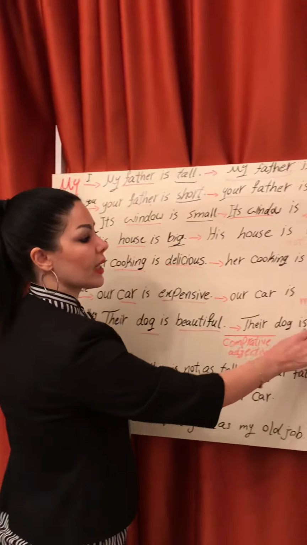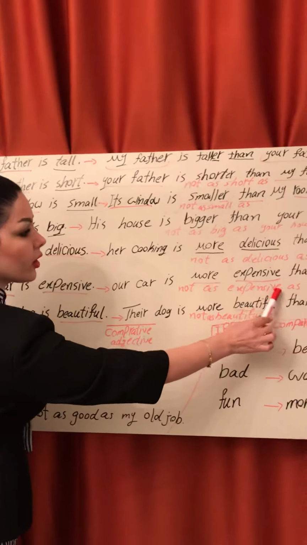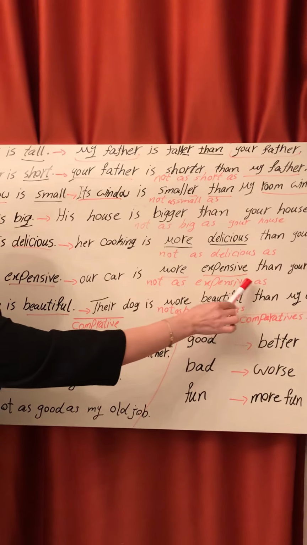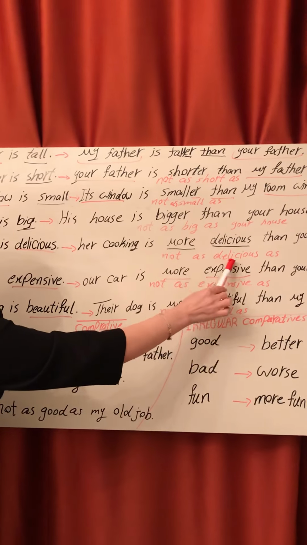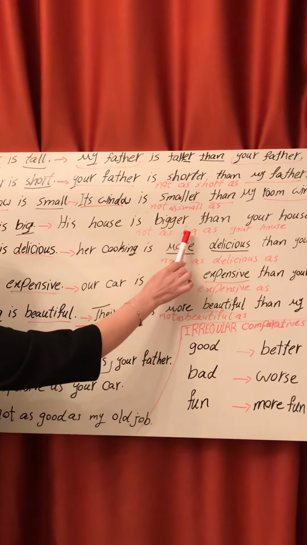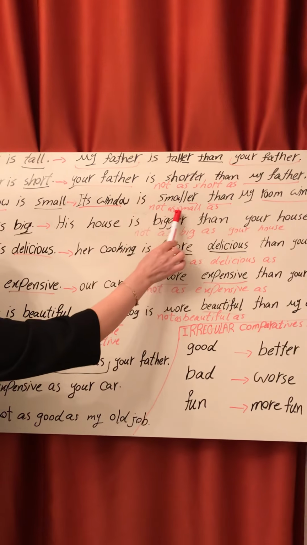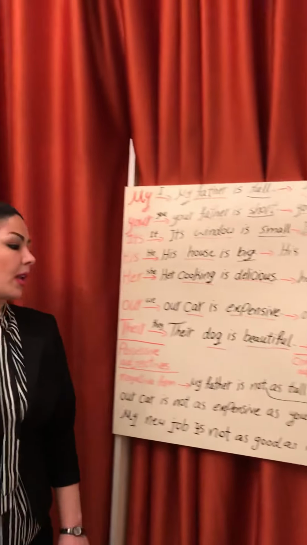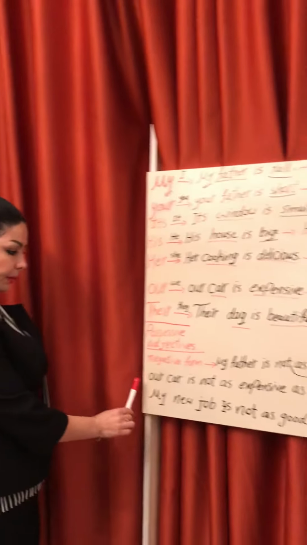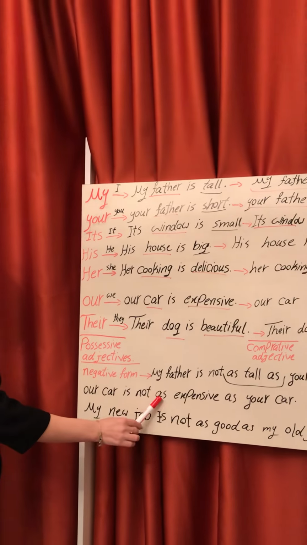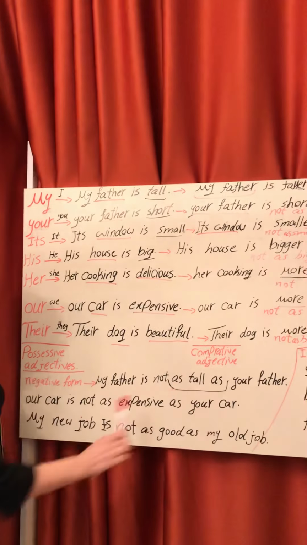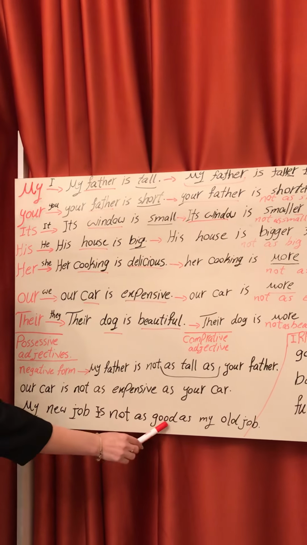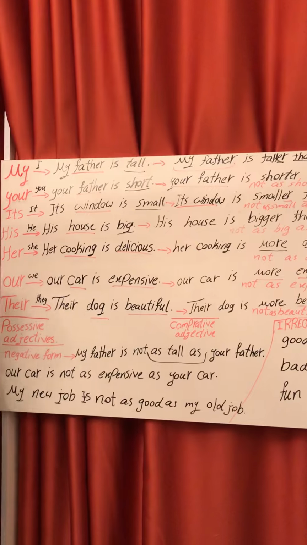We just use not as, adjective, as: not as expensive as, not as delicious as, not as big as, not as small as, not as short as. For example, our car is not as expensive as your car. My new job is not as good as my old job.